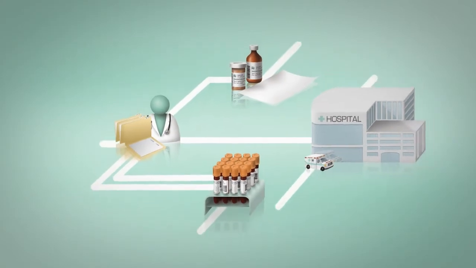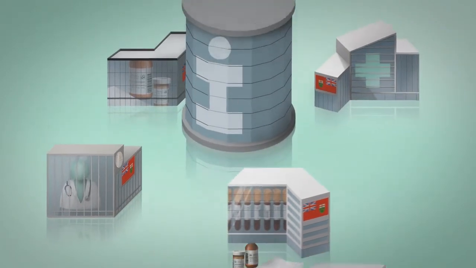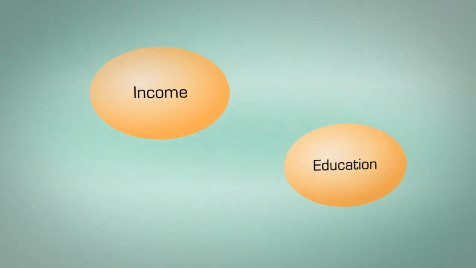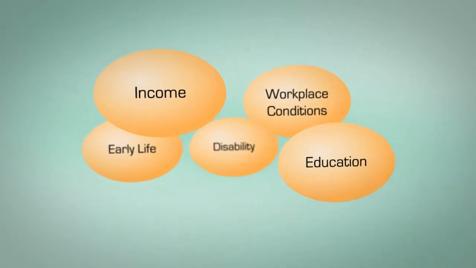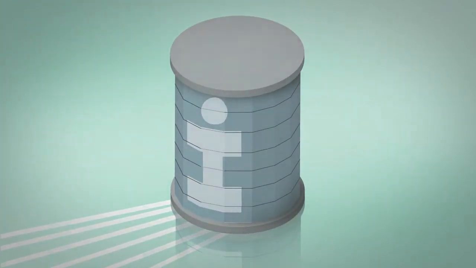In an earlier video, we discussed how your health information may be drawn together in research data centers to analyze healthcare utilization and your health. In the same way, information about income, education, and various other social determinants of Canadians' health may be drawn together and linked with health information in these data centers.